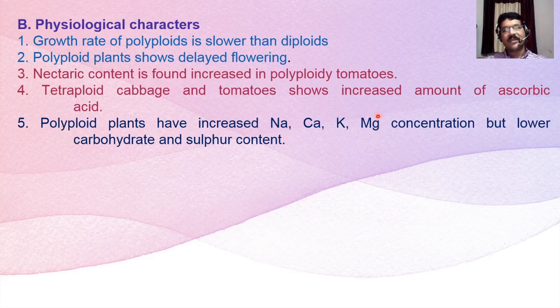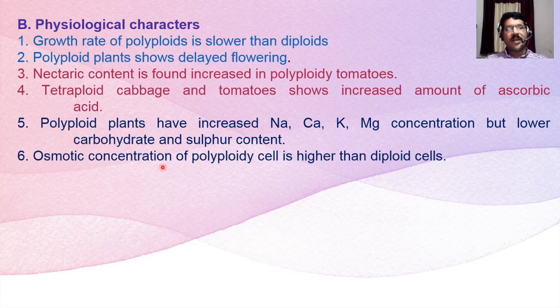The percentage of all these components is more than that of diploid organisms. So polyploids will show more concentration of all these elements, but these polyploids have lower carbohydrate and sulfur contents as compared to diploid plants.